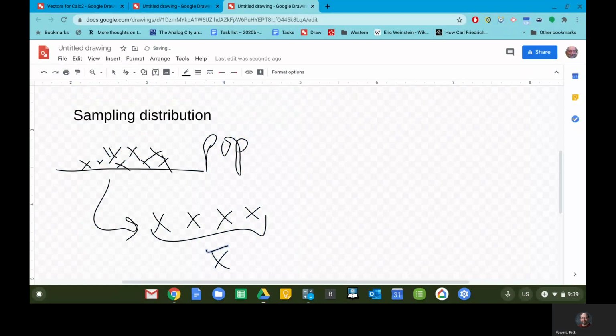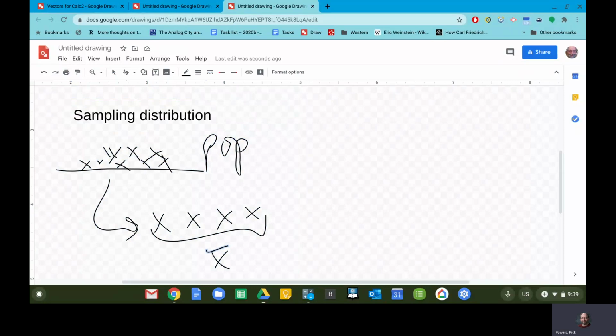bar. But then if I do that over and over again, each time I get a sample, I would be getting a different number because I pick my samples at random. And so the members of the sample are different.